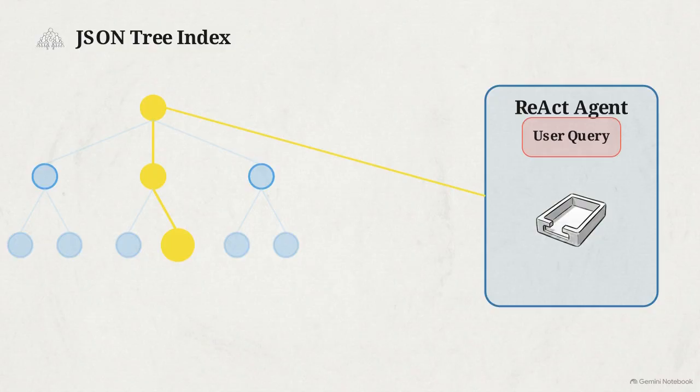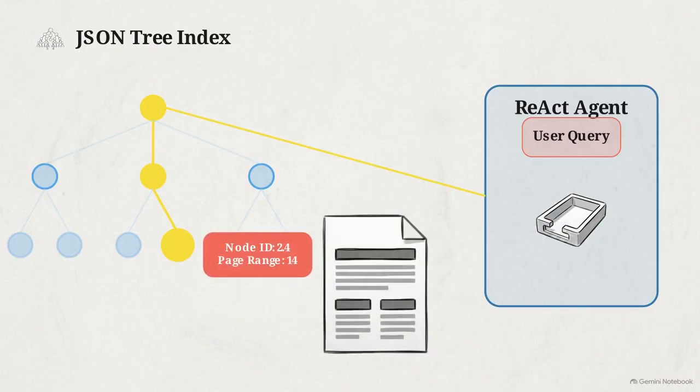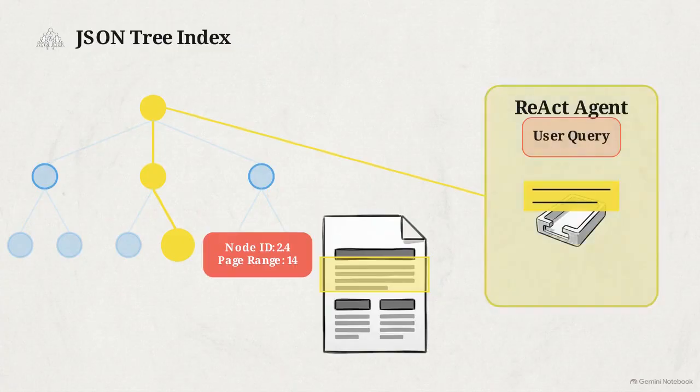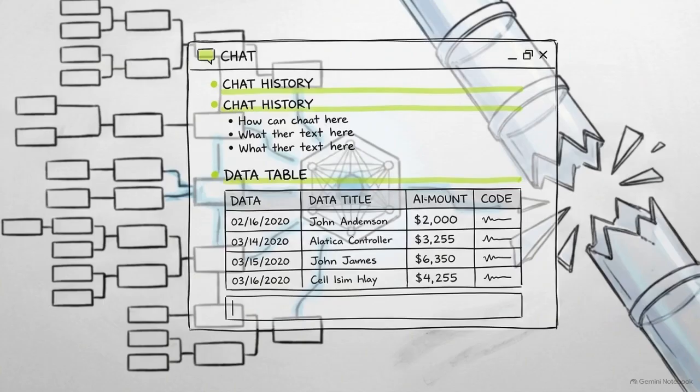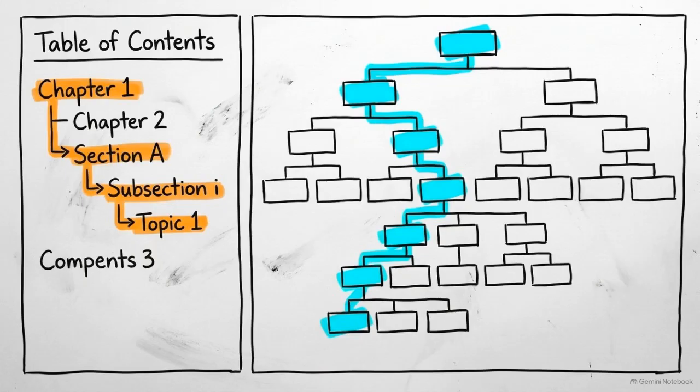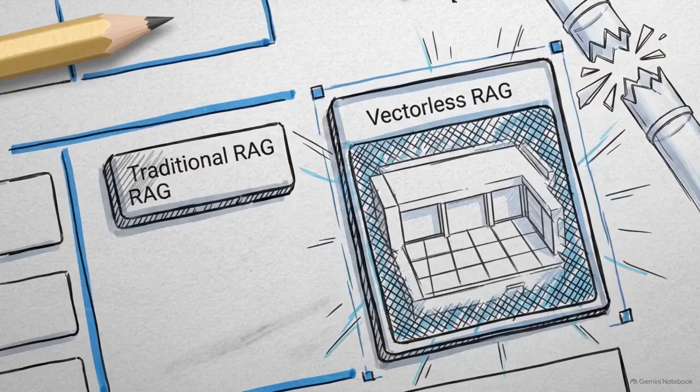During the extraction phase, the agent uses the chosen node's metadata to pinpoint the exact page range. It retrieves the raw, uncut text from that section, preserving all original formatting, tables, and surrounding context. In the final step, the agent formulates its response strictly using this structurally intact text. Traversing the JSON tree preserves flawless document context and completely eliminates the unpredictable guesswork of cosine similarity.